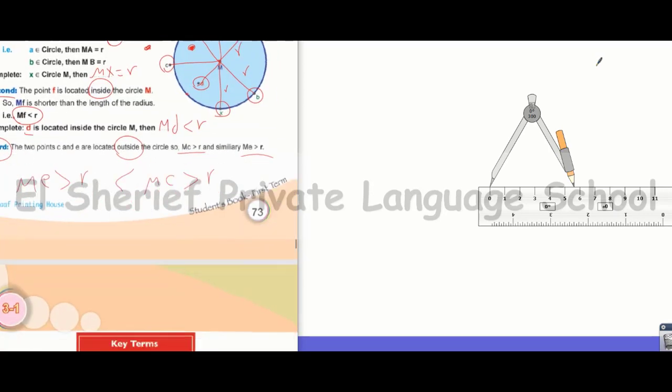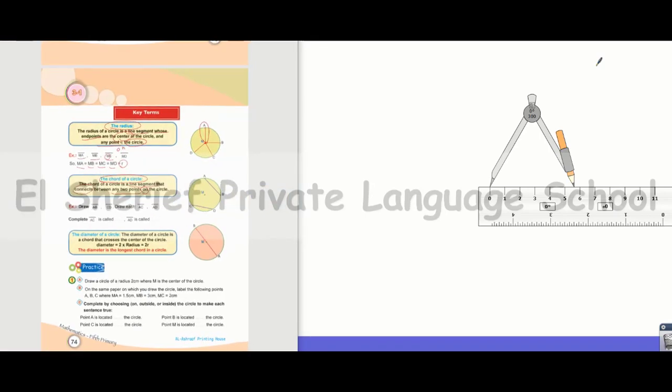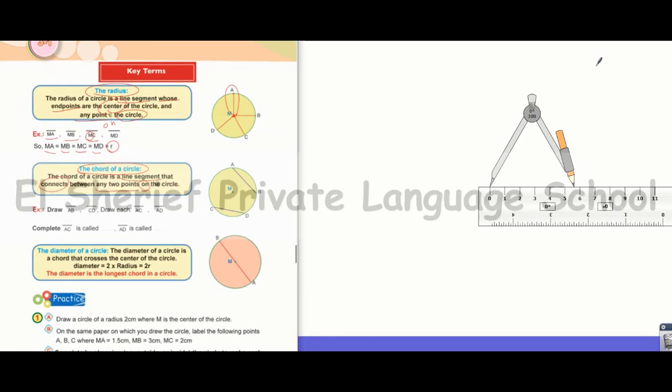So we can say that AB, between point A and point B on the circle, is a chord. CD between C and D on the circle is also a chord.